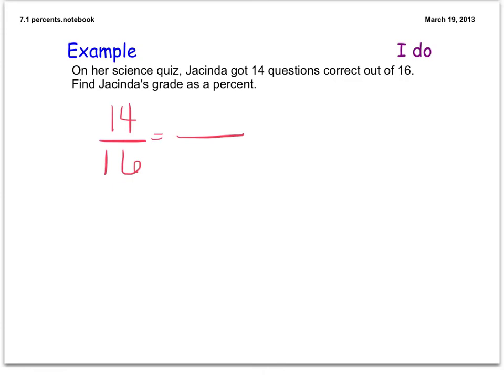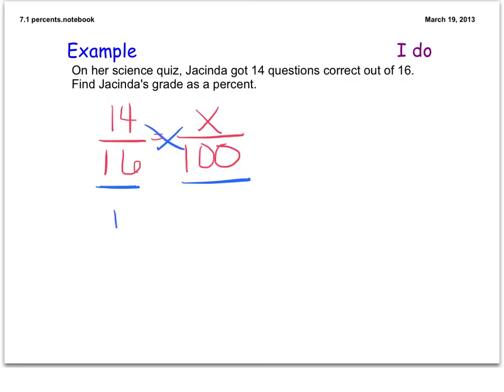Well, we know that the percent is going to be 100, right? But I don't know what that's going to be. If I look at 16 and I look at this 100, is there something that's going to be really easy to multiply by 16 to get to 100? Not necessarily. So I have to put this x up here and do my cross multiplying.